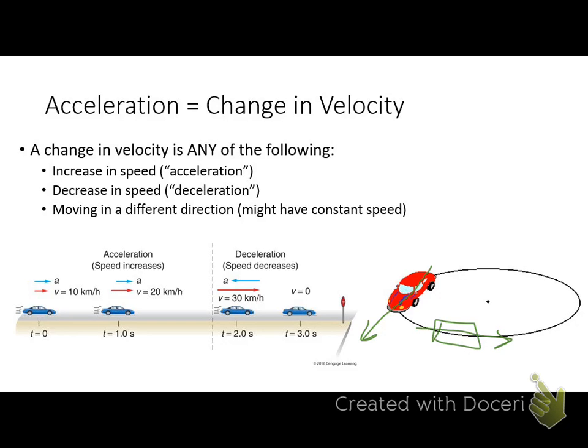If the car is over here, here's my square car, its direction is a line tangent to its motion. So it's really changing its direction. It could be going at constant speed, but we would call that acceleration. It is acceleration.